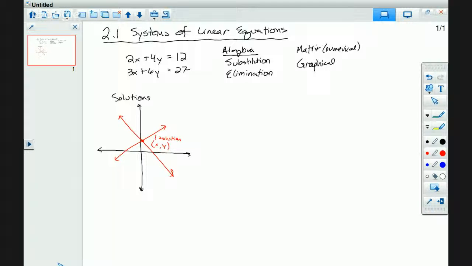They intersect in one point. Am I going too fast for you guys, or right? I heard one I'm good, so I guess we'll go with it. What are other possible solutions? What would that be?